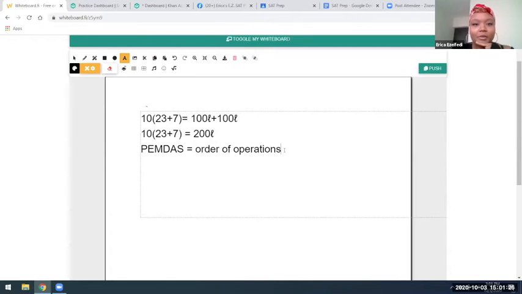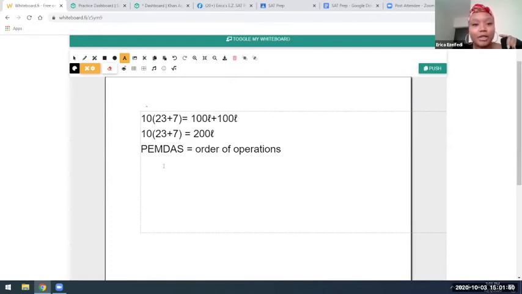Now, someone mentioned we might distribute the 10 to the inside of the parentheses. We were just going over PEMDAS, the order of operations. If we don't remember, it means parentheses, exponents, multiplication, division, addition, and subtraction.